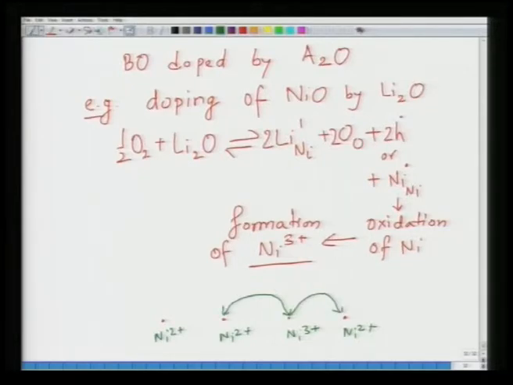Whether the electron moves to this side or the hole moves to this side, the result is this movement taking place. Each of these Ni3 plus will be converted into Ni2 plus, and Ni2 plus will be converted into Ni3 plus. So, this will be subsequent movement from one side to another, and this is why it is a hopping kind of transport.